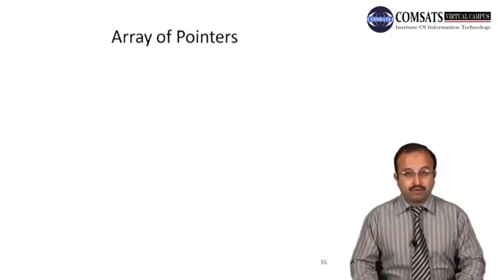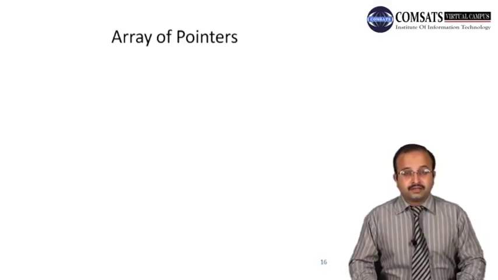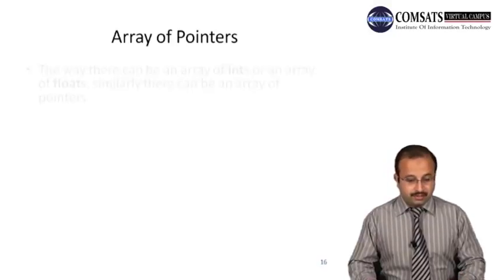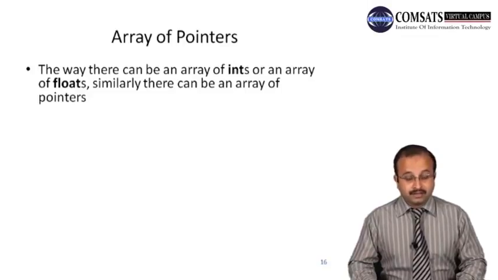Now comes the array of pointers. So an array of pointers is an array that contains a group of elements, and each element contains a memory address. The way there can be an array of ints or an array of floats or an array of characters, similarly there can be an array of pointers.